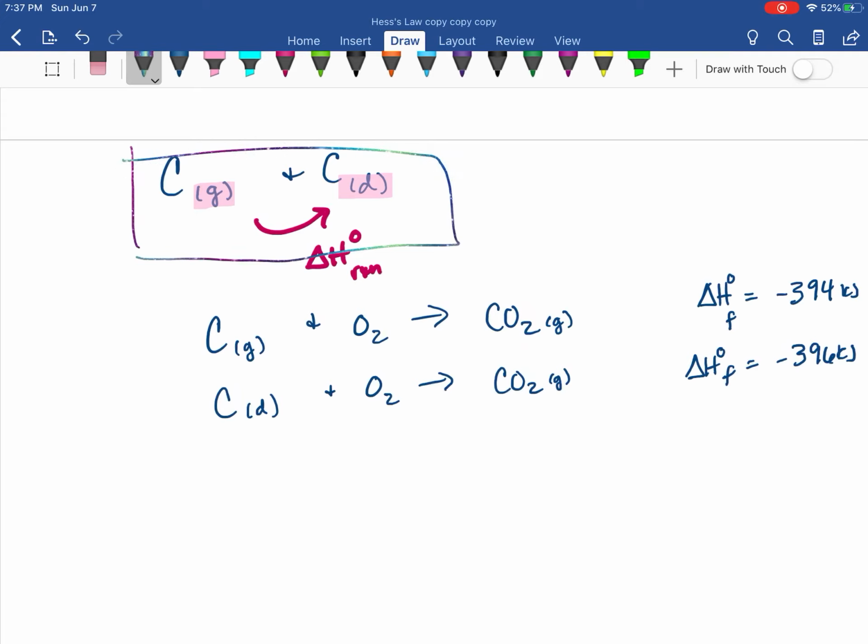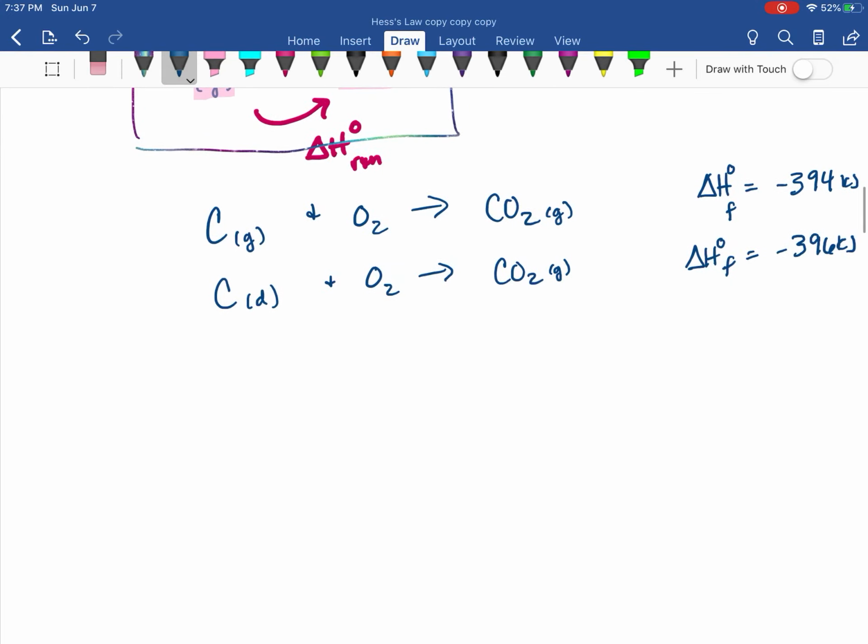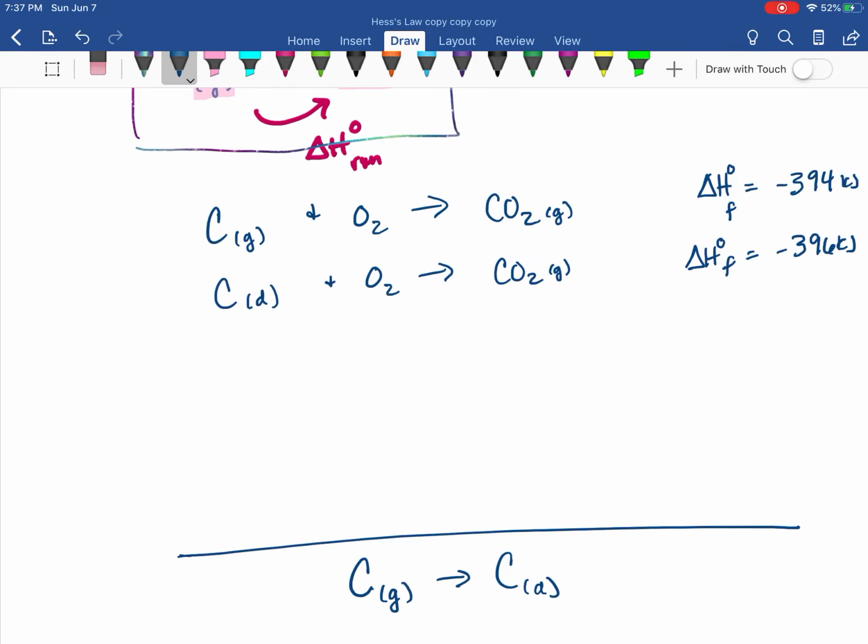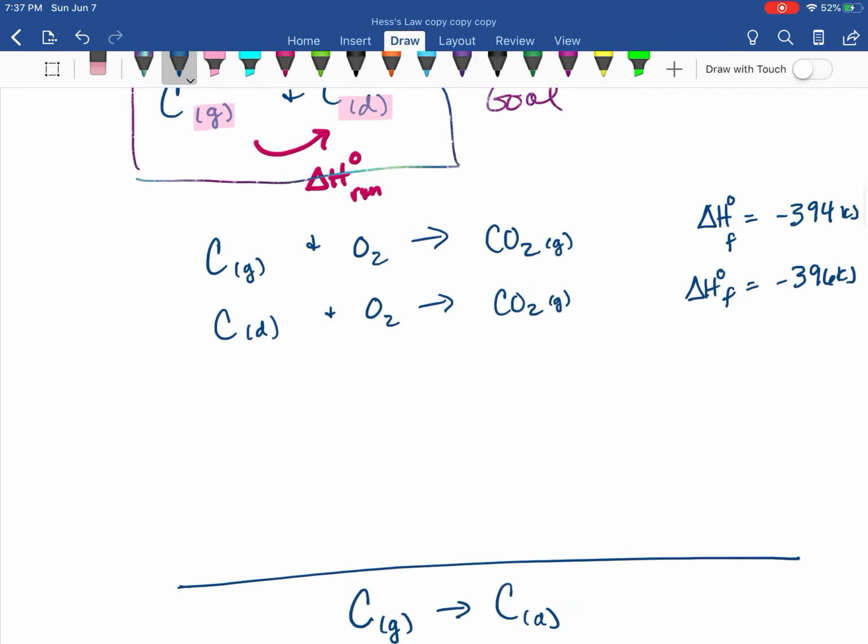Now, how can I use this to actually convert carbon graphite to carbon diamond? I start all of these with my goal. And why? Because I need this process. This is like one big summation.